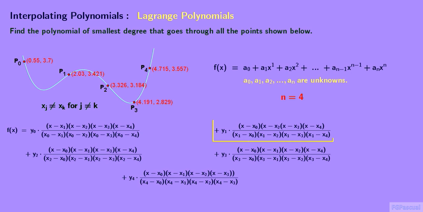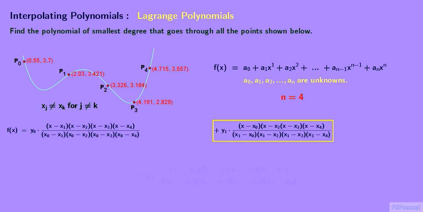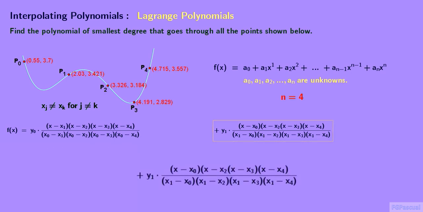Well, let's take a look at the second fraction, the one for p sub 1. Observe that the lead off factor is y sub 1 or f of x sub 1. In this product of linear factors, x minus x sub 1 is missing.